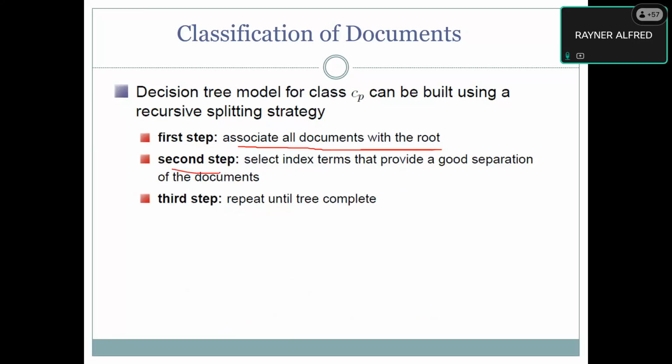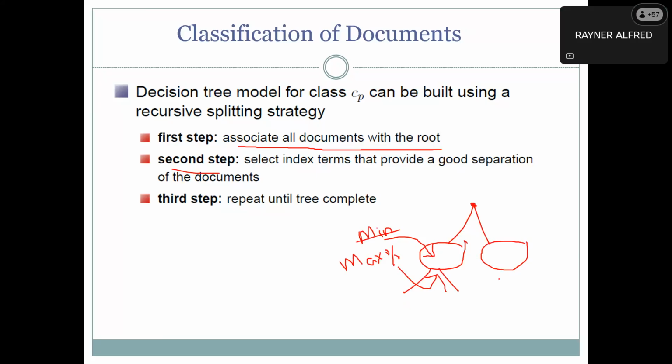So that means if we have 1,000 words, then we need to pick one word that can split our document into two, that will minimize the percentage of different classes here. So we want to minimize, or I would say maximize the percentage of the same class label. And then we will repeat the splitting until we find all the members belong to the same class here.